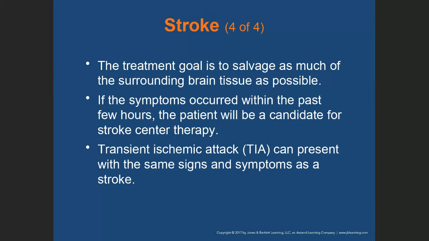If the symptoms occurred within the past few hours, the patient will be a candidate for stroke center therapy. A transient ischemic attack can present with the same signs and symptoms as a stroke, but within 24 hours they disappear.